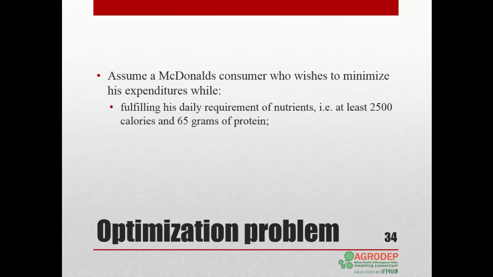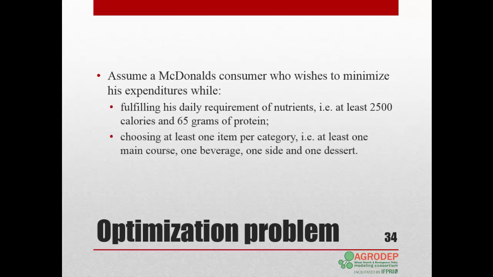He must fulfill his daily requirement of nutrients, at least 2,500 calories and 65 grams of protein, and he must choose at least one item in the menu from each category. In other words, he must select at least one main course, one beverage, one side, and one dessert. Which items should the consumer select from the menu to minimize total expenditure?